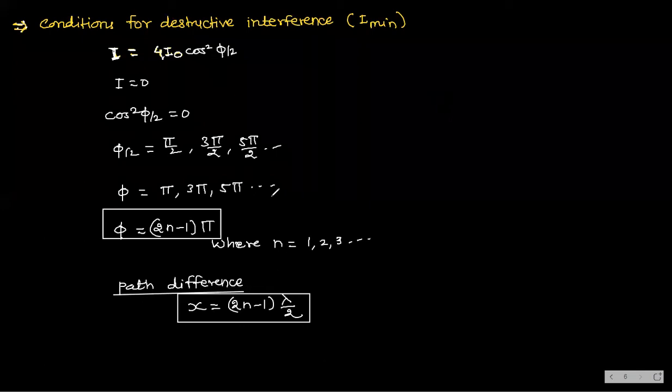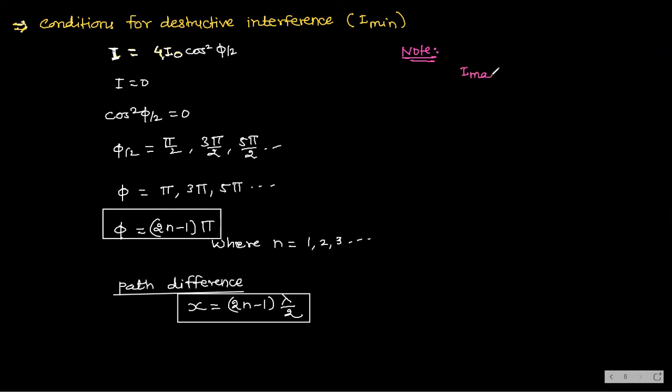Okay. Now, whatever the node points we have seen, for that if amplitudes are different. So again in pink color, node point in case of different amplitudes. I maximum is directly proportional to (A naught plus B naught) whole square.